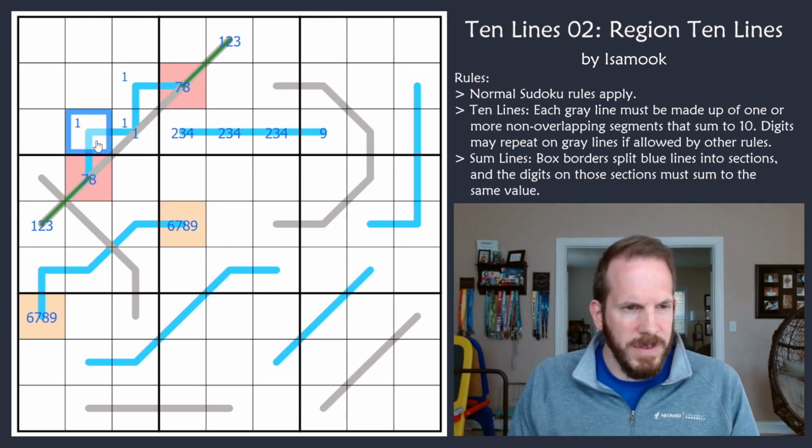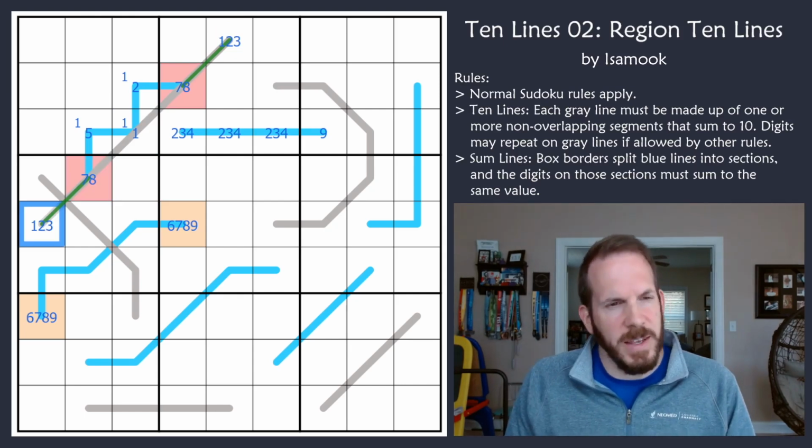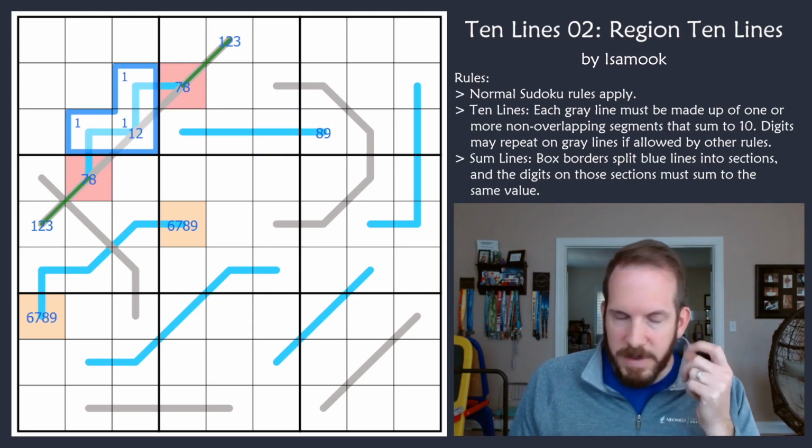But then what's this cell? Oh, it could be a 5. And then this would be a 2, and this works because this would be an 8. Right. And this could be 8, 1, 1, and then 8, 2, and that works. Okay, I think it works. I don't see any reason why it doesn't. Okay, I thought I saw something there, but I caught myself.